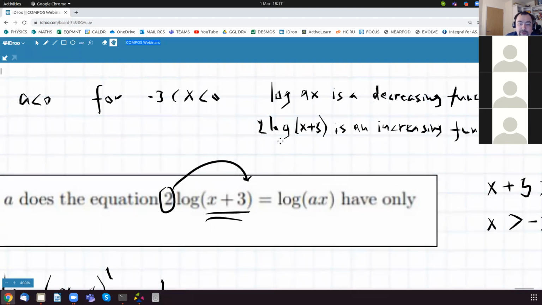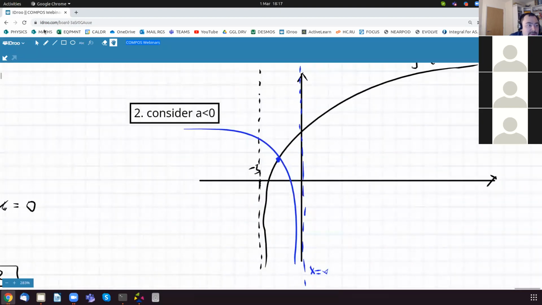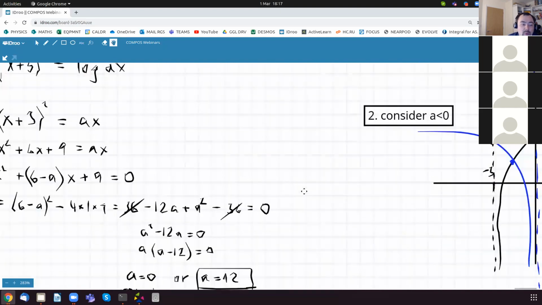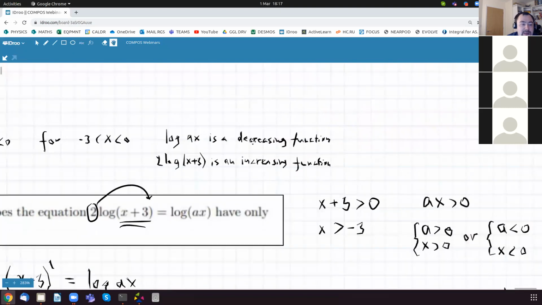And you can see the range of these functions is from -infinity to a fixed value. It means these functions have to intersect, and there will always be a point of intersection.